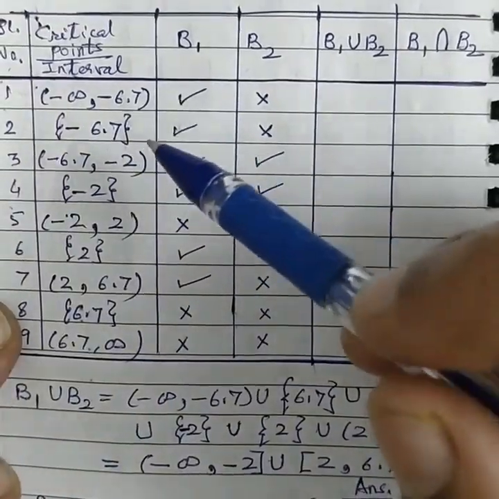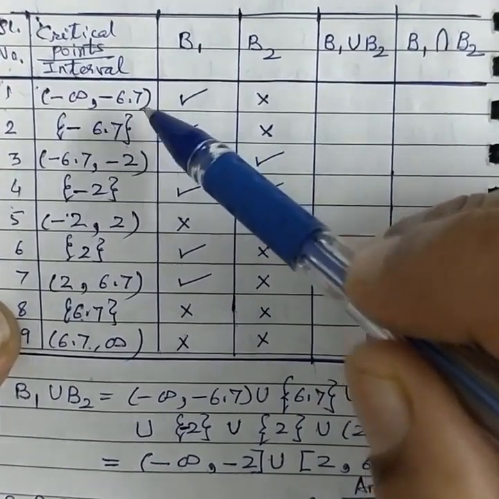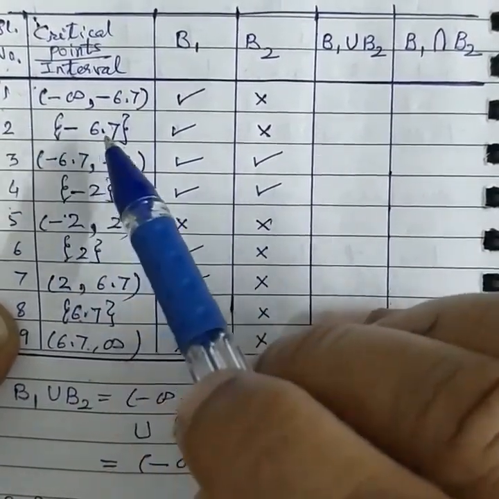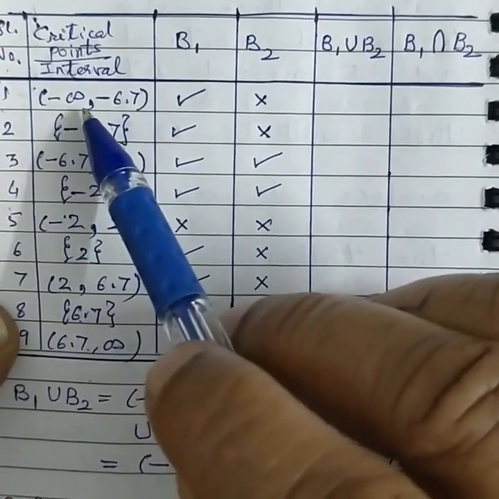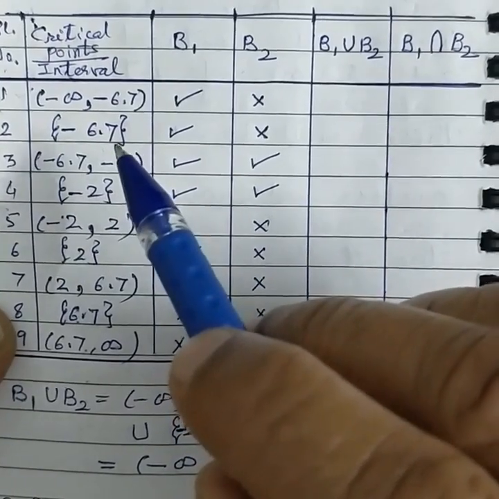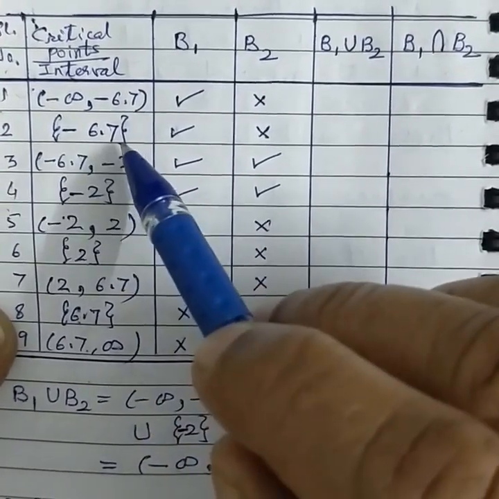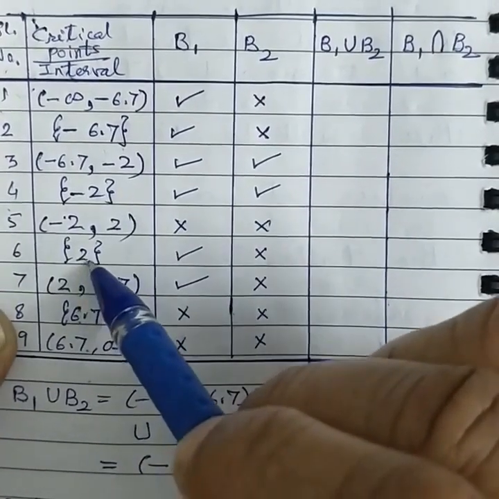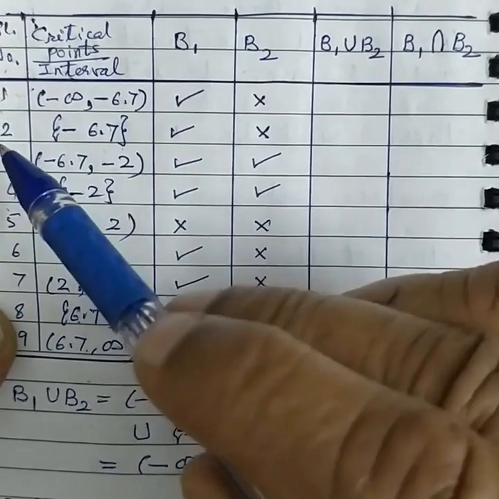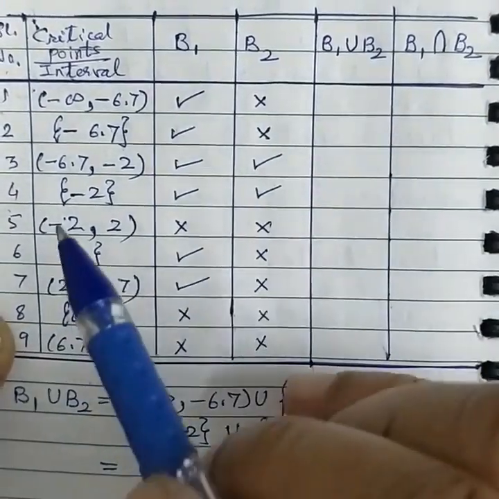The minimum value of the critical points is -6.7, hence the first entry in the row is the interval between -infinity and -6.7. Then the 4 critical points -6.7, -2, 2, 6.7 have been entered in row number 2, 4, 6 and 8.